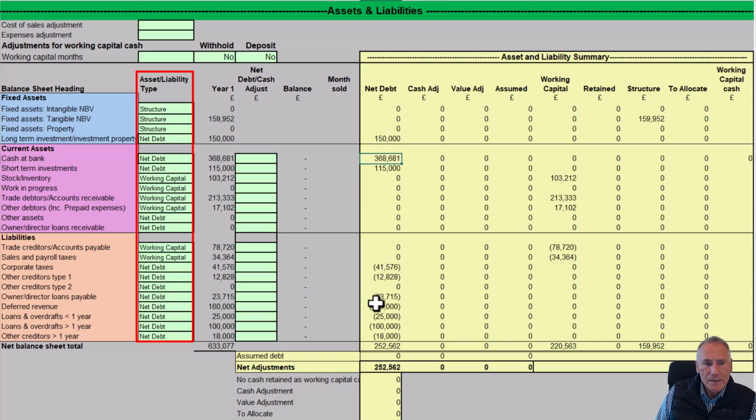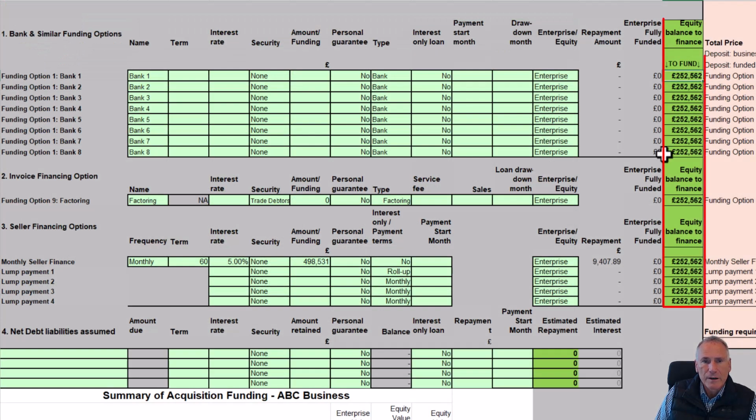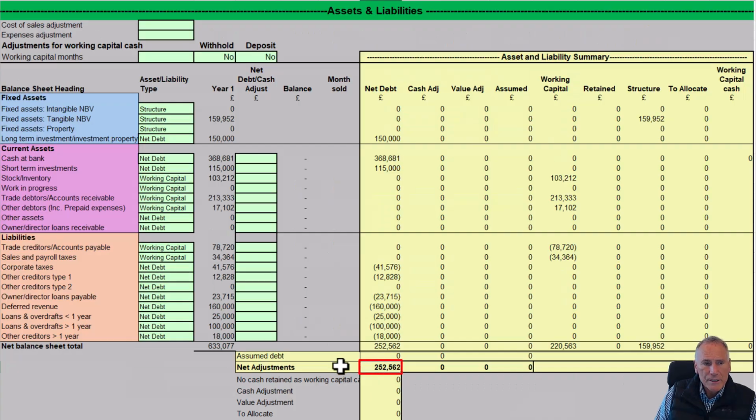And these various other liabilities are deemed to be part of net debt, and it's an adjustment down to this 252,562, which we saw on the financing. So what that 252,562 number represents is effectively all of those cash and cash equivalents, the investments and the cash at bank, less all the liabilities that should be paid off before the business is sold.